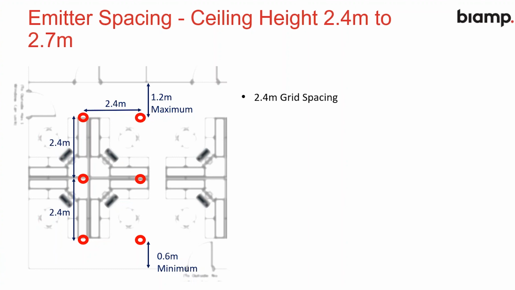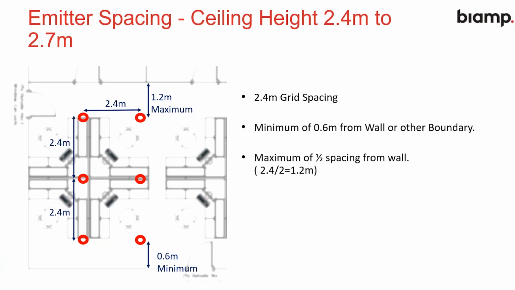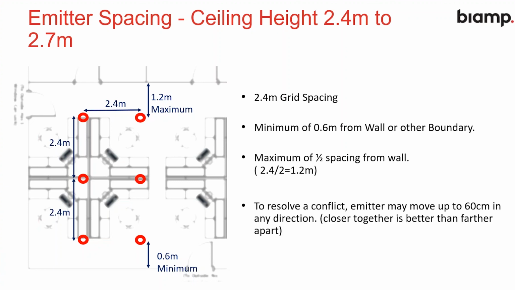So in order to achieve that, we would go for a minimum of 0.6 of a meter from the wall or other boundary, or 60 centimeters or 600 mil, however we wish to look at it, and a maximum from the boundary of 1.2 meters, or half of the distance of the grid, that we're aiming for as a maximum.